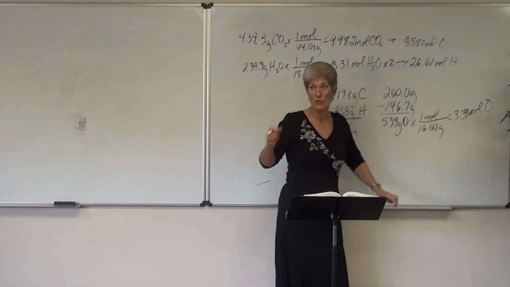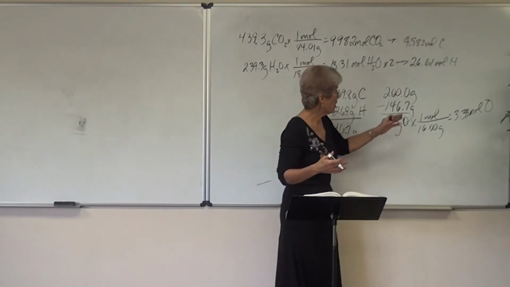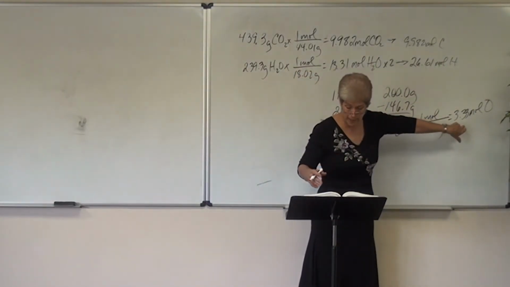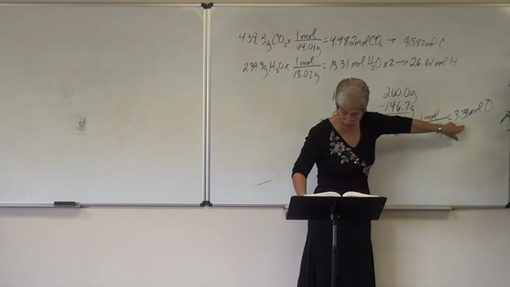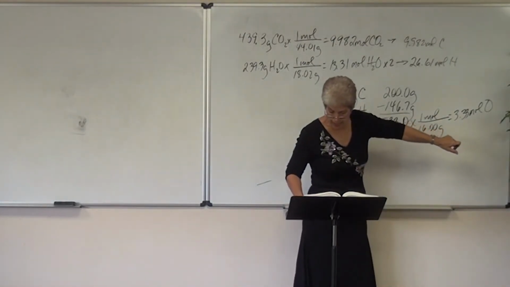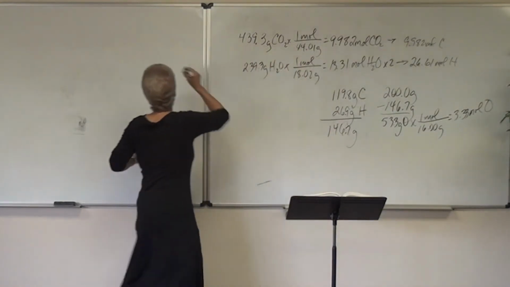We just kind of had to go around the tree to get to the grams of oxygen and then the moles of oxygen. We divide all three of those by the smallest number, which would be 3.33, and that's going to end up giving us C3H8O.